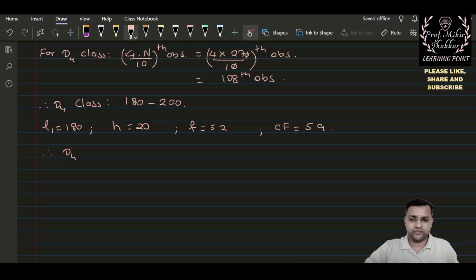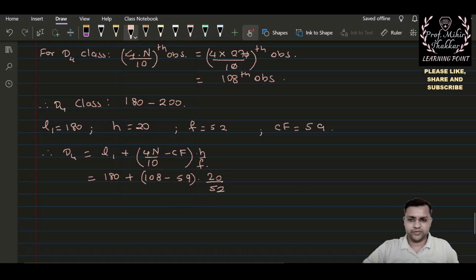So write the formula. D4 is equal to L1 plus (4n upon 10 minus cf) multiplied by h by f. 180 plus 4n upon 10 is 108 minus 59 multiplied by 20 upon 52.